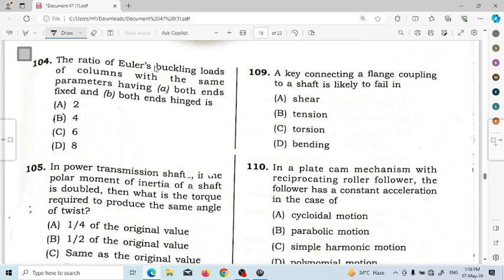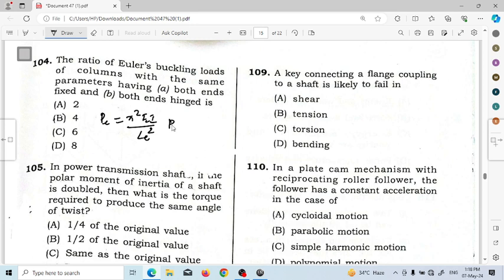The ratio of Euler's buckling load of a column with the same parameters having both ends fixed and both ends hinged. So Euler's buckling load formula is equal to pi square EI divided by L effective length square.